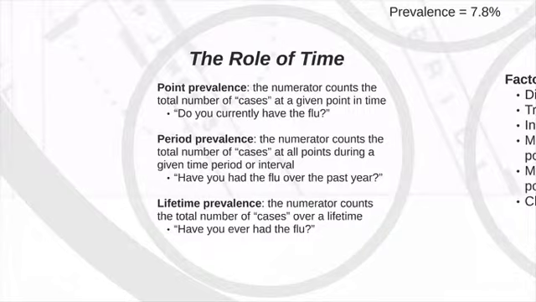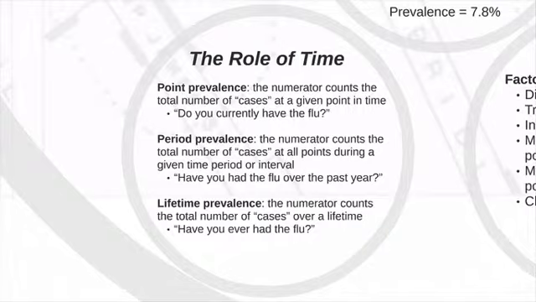We can also expand our time period of interest a little to something called period prevalence. In this case, the numerator counts the total number of cases or people with your health outcome at all points during the time period you're interested in. So, have you had the flu over the past year? Again, our numerator becomes the people who have had the flu over the past year, and our denominator is our total population.